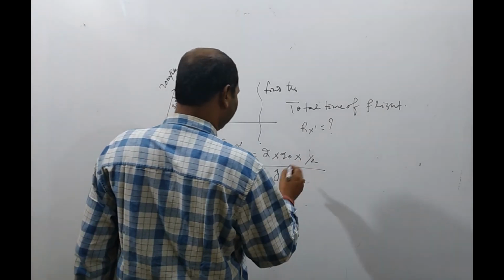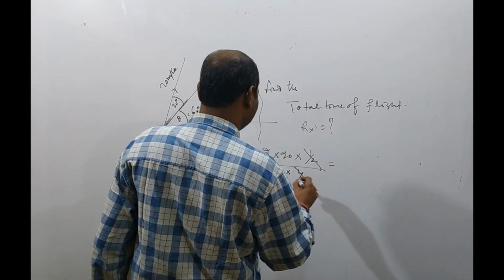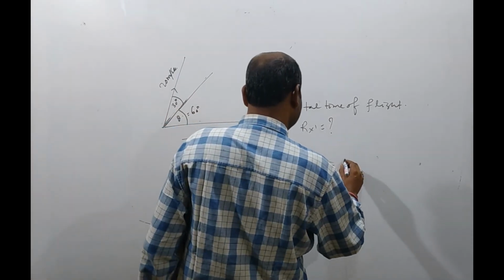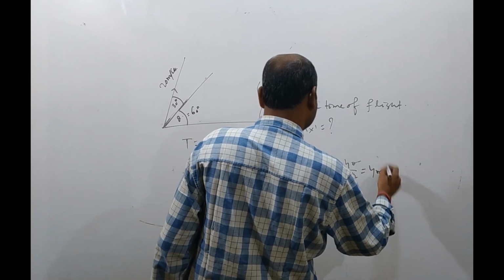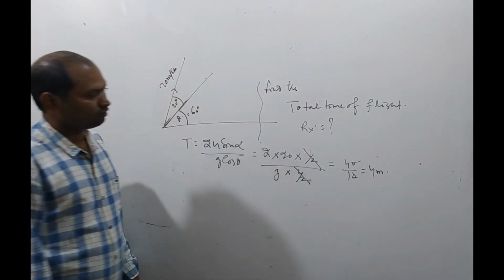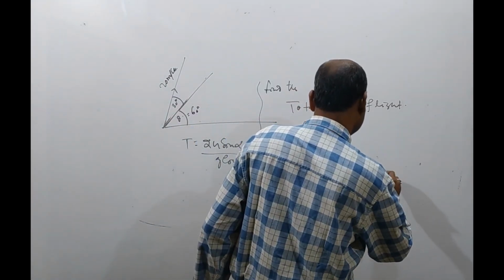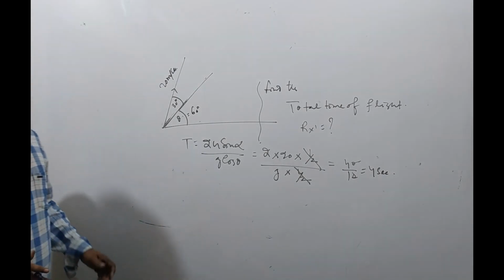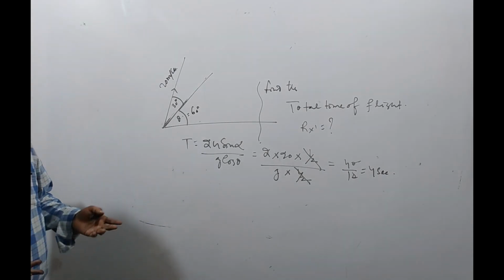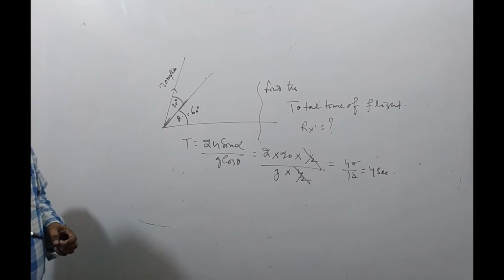Sin 30 is half and cos 60 is also half. That equals 40 by g, g is 10, that is equal to 4 second. Then you can easily find the horizontal displacement putting the equation. Another questions are there, so many questions are there.